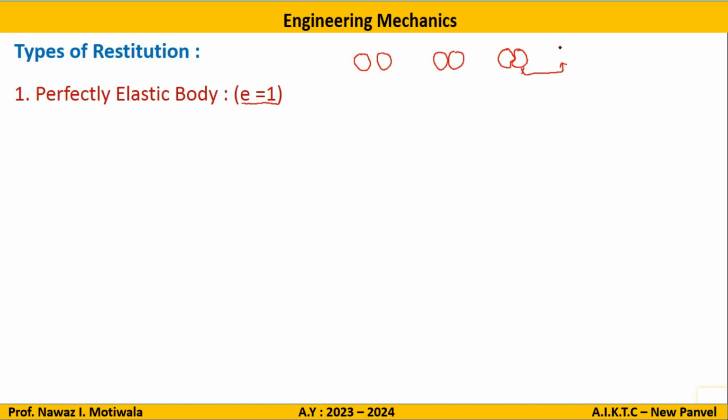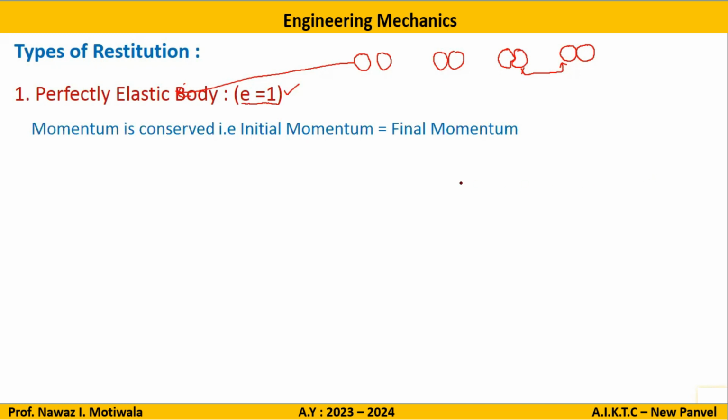When, after deformation, these two bodies regain their original shape and size completely, this is termed a perfectly elastic body, with coefficient of restitution e = 1. In this case, momentum is conserved, that is, initial momentum equals final momentum, and there is no loss of kinetic energy.